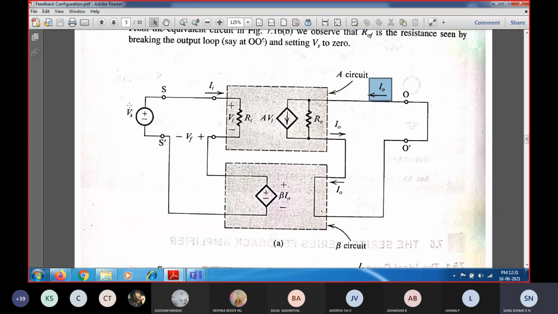When I set Vs to 0, I need to connect a test current source IT, and see what voltage is developed across the output terminal, so that I can easily find out the value of Ro.